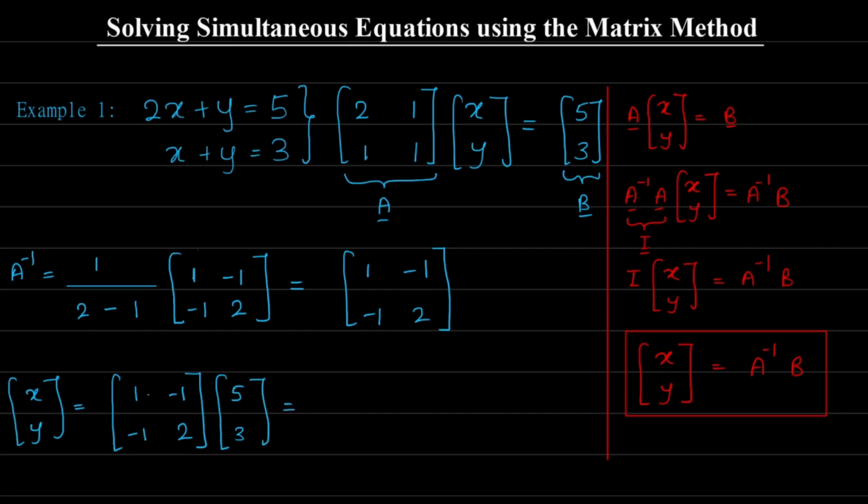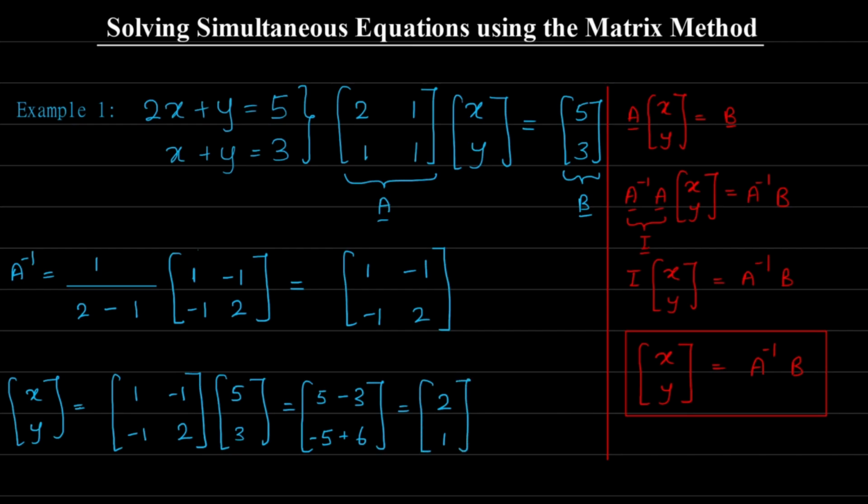And that is going to be equal to 1 into 5, which is 5, plus minus 1 into 3, which is equal to minus 3. And then the bottom, we have minus 1 into 5, which is minus 5, plus 2 into 3, which is equal to plus 6. And this gives us 5 minus 3, which is equal to 2, and minus 5 plus 6, which is equal to 1.